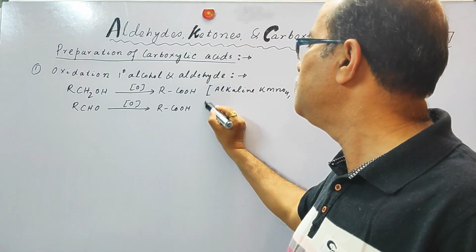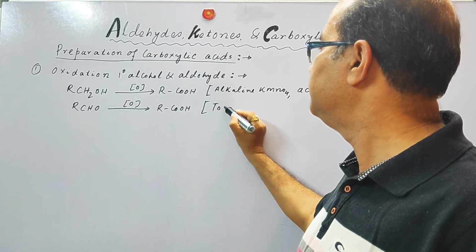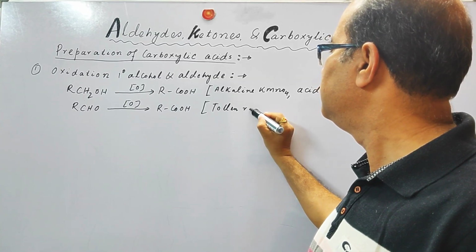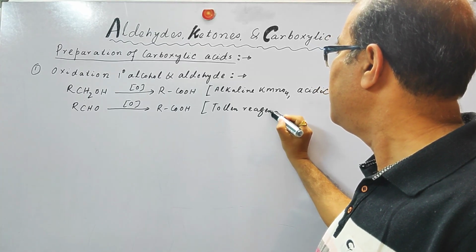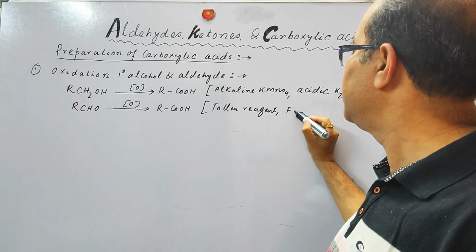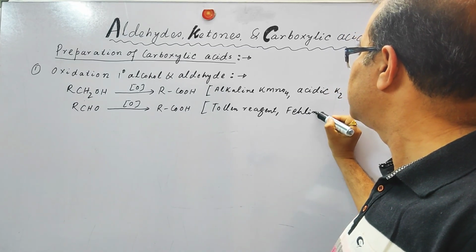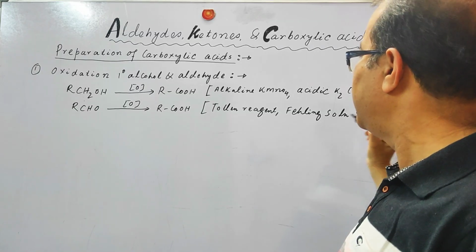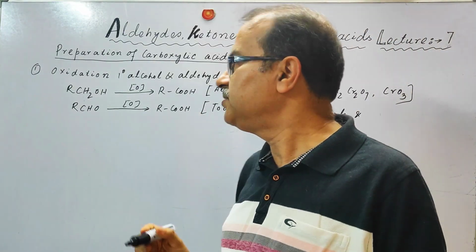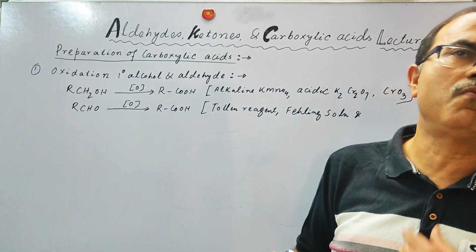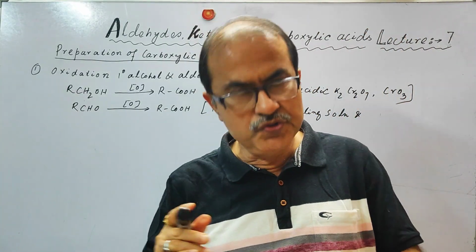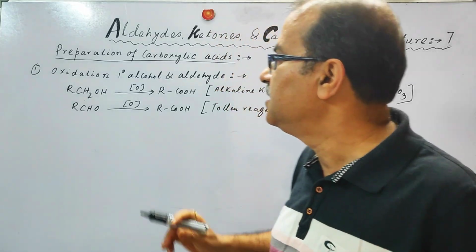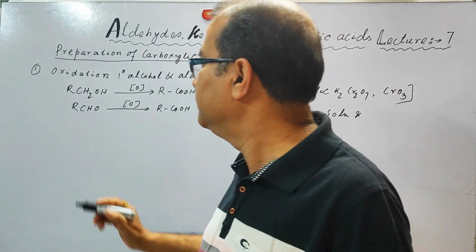We can use the Tollens reagent, or we can use Fehling's solution, and others also we can use. So this is the first way, the most common way to produce the carboxylic acid from other compounds, that is from the alcohol and aldehyde.